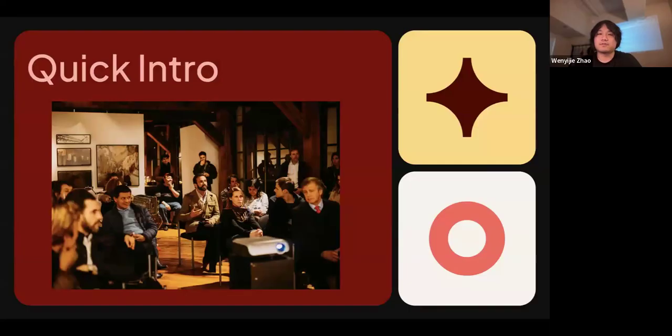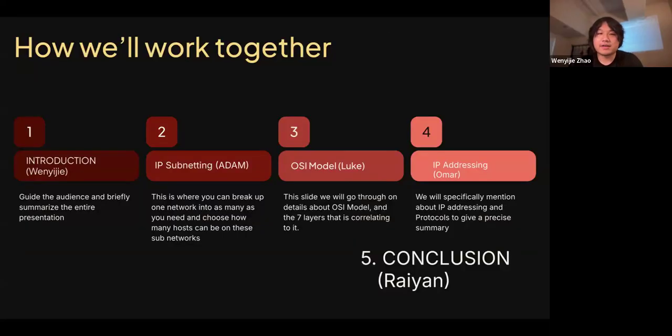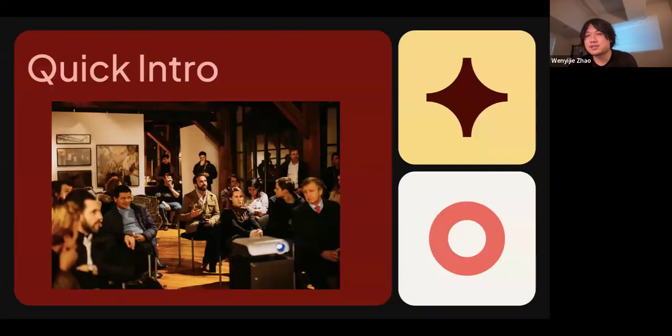A quick intro for IP subnetting, the OSI model, and IP addressing: it is essential for ITI students to learn and understand how this world works, in the way of either IoT, operating systems, and so on.